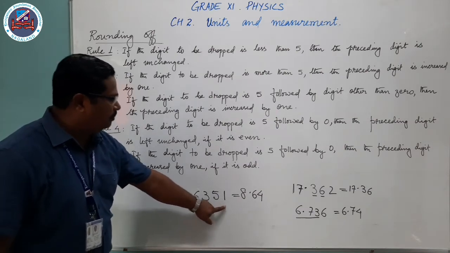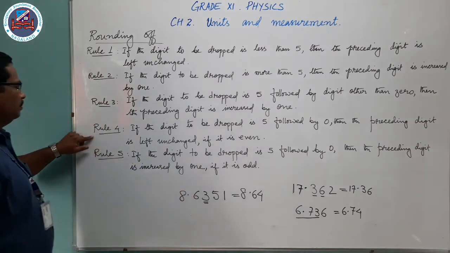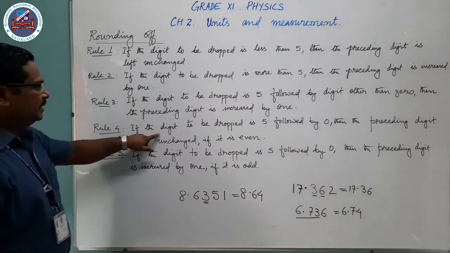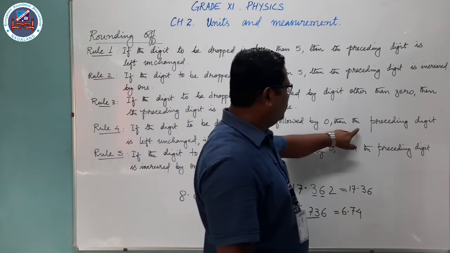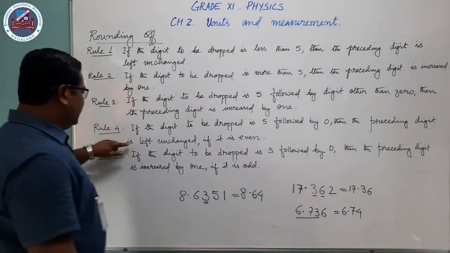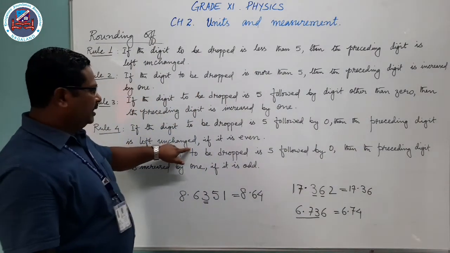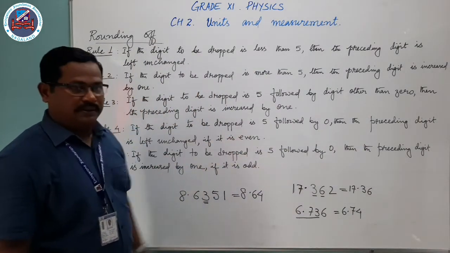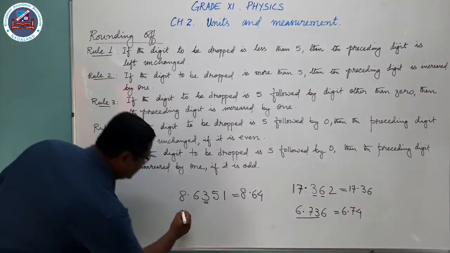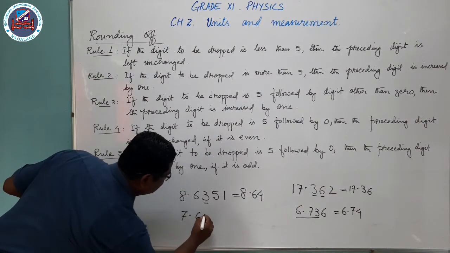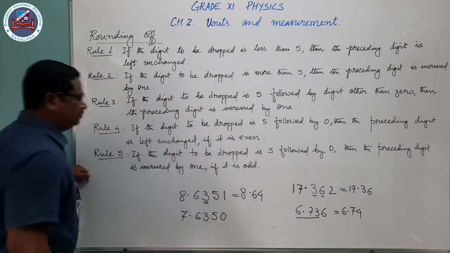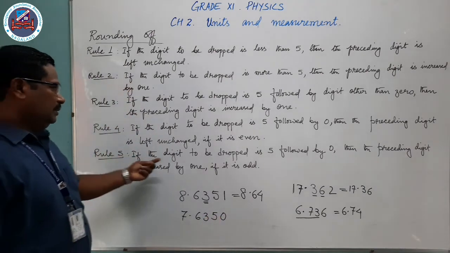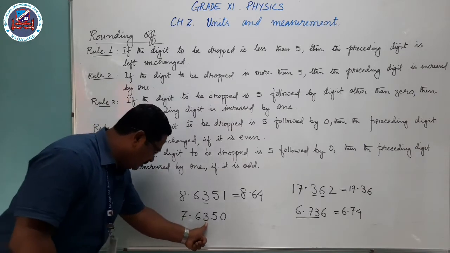But if it is followed by 0, then what will happen? See rule number 4. If the digit to be dropped is 5 followed by 0, then the preceding digit is left unchanged if it is even. Suppose 7.6250.